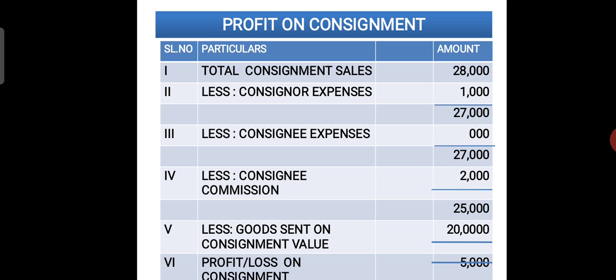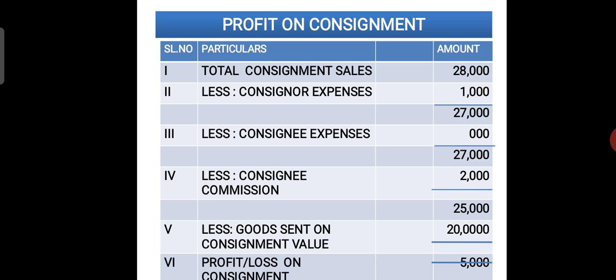From the third point, less consignee expenses. In this problem there is no consignee expenditure, so we just ignore it, and the same balance we will have, 27,000. And the fourth point, less consignee commission. In this problem consignee commission is given as rupees 2,000, so that should be deducted, and then we will get 25,000.